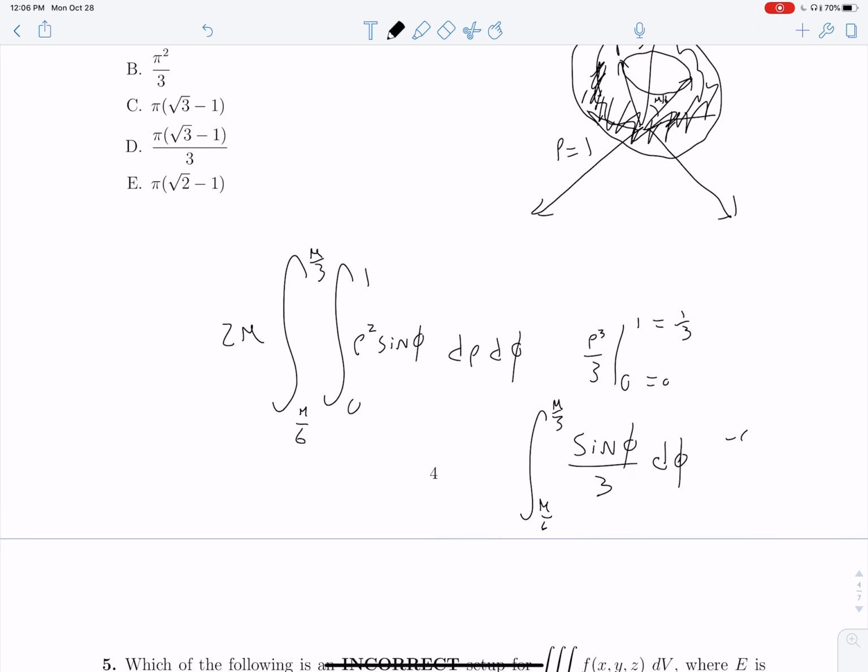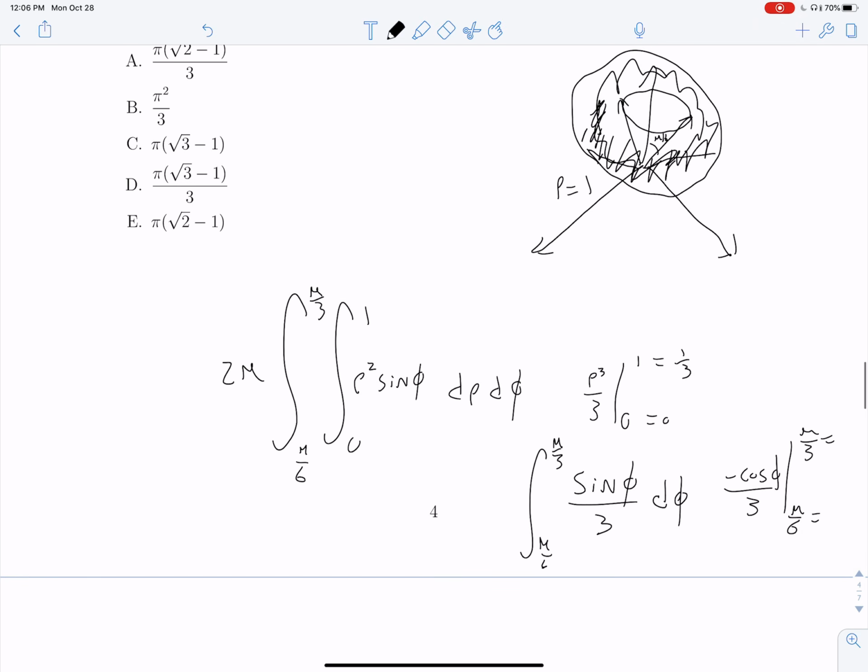It will be negative cosine of phi over 3 from pi over 6 to pi over 3. Cosine of pi over 3 is 1/2 times negative 1/6 is negative 1/12. And cosine of pi over 6 is going to be root 3 over 2, so this is going to be negative root 3 over 6.